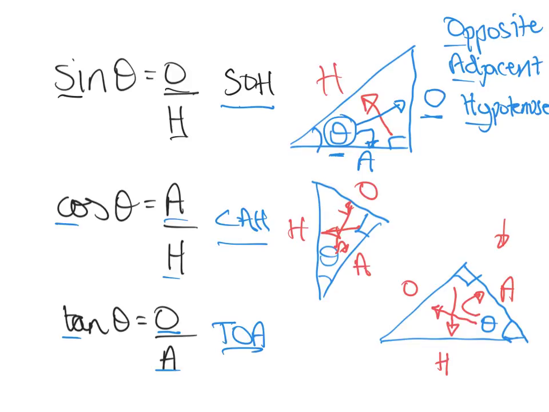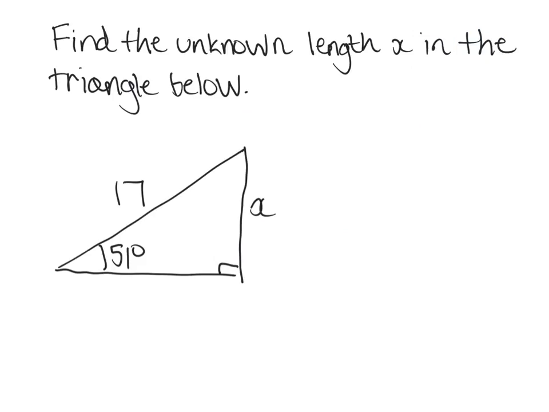So, how can we use this in a problem? Let's take a look. What we want to do is find the unknown length x, how long it is from here down to here, in a triangle where this side length is 17 and our reference angle is 51. If it were me, I'd label each of the sides. Straight opposite the reference angle is the opposite side.